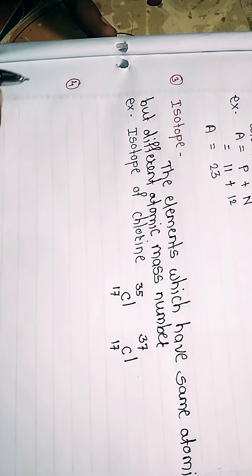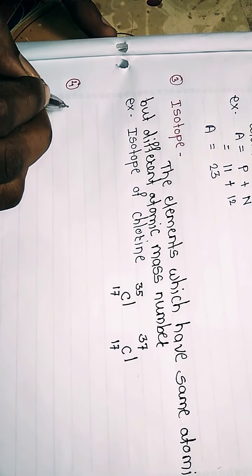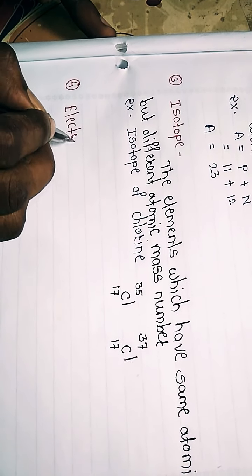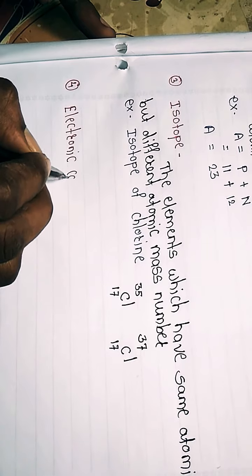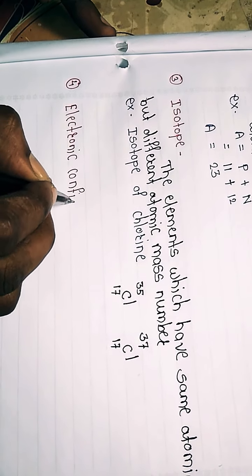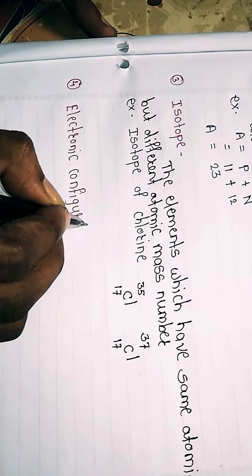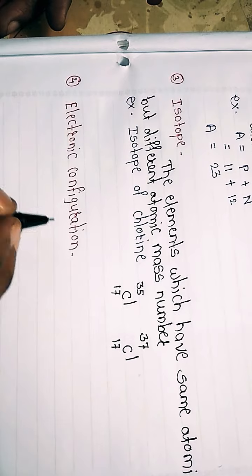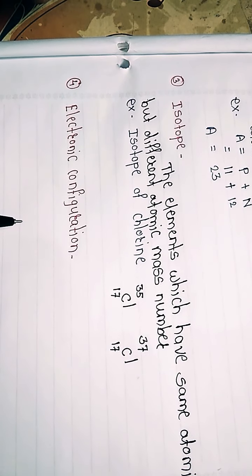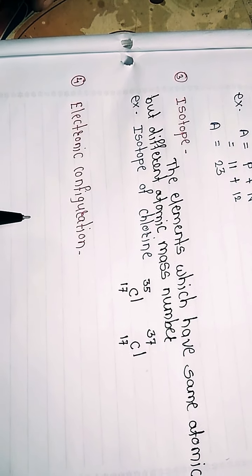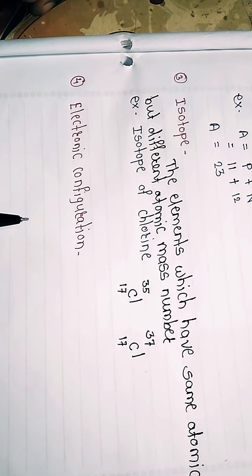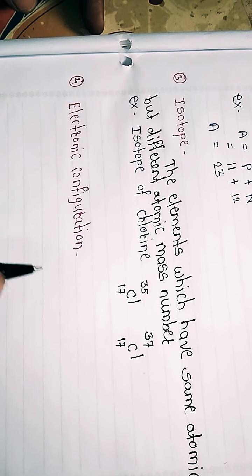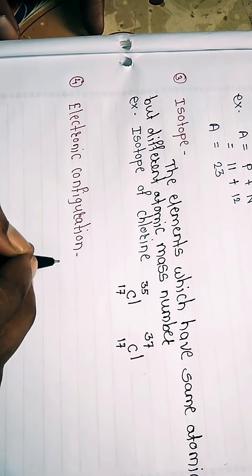Next most important definition or concept is electronic configuration. Electronic configuration is the distribution of electrons in a shell-wise manner in an atom. Firstly, we can write the definition.